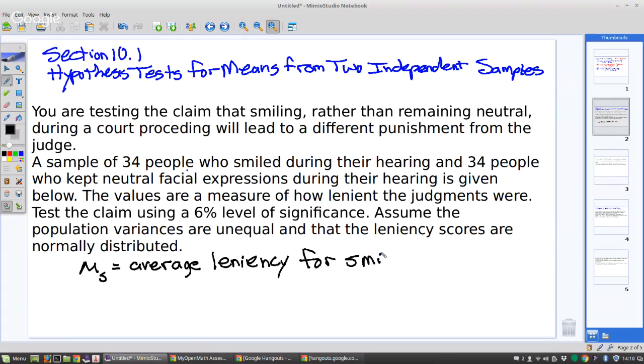Smiling people. And then we'll have a mu n, which will be the average leniency for people who better stay neutral.